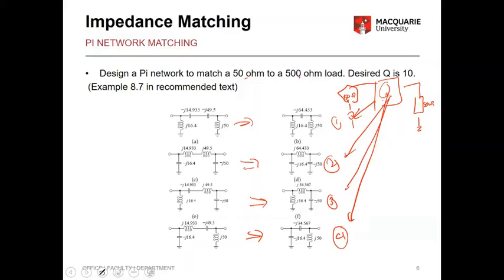Now, depending on what you require, for example, you might need to eliminate stray reactances. So if the load has a reactance, you may need to cancel it out. So you might pick something that's easier for you to work with based on the reactance value of the load, or you might need a low pass or a high pass. For a low pass, you need an inductor.